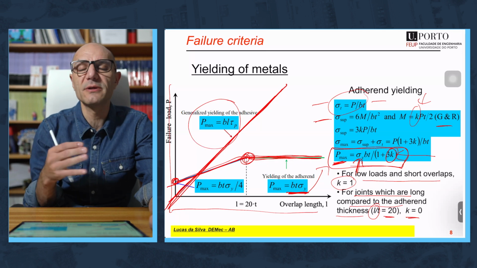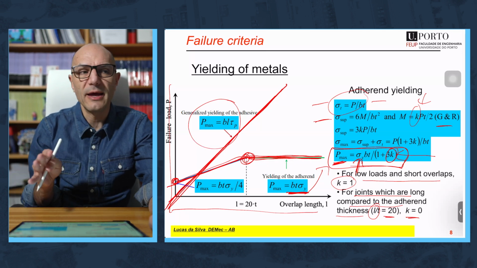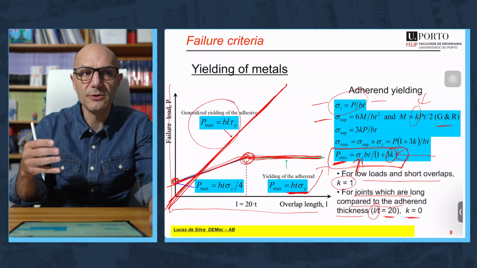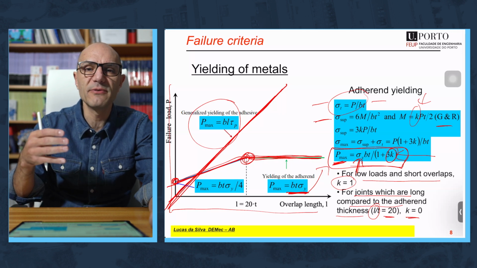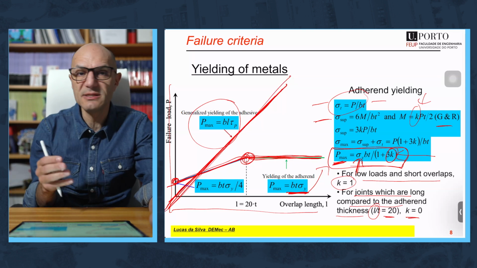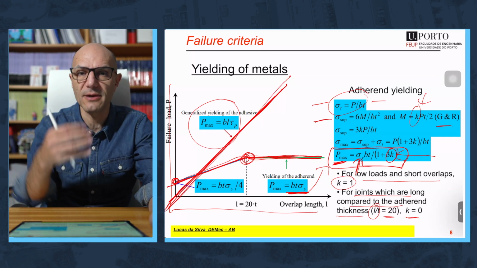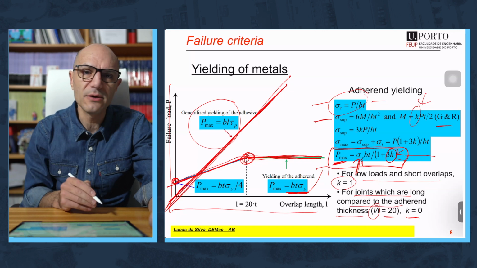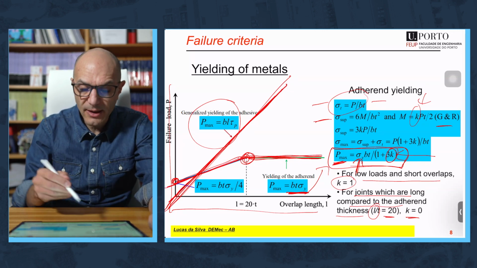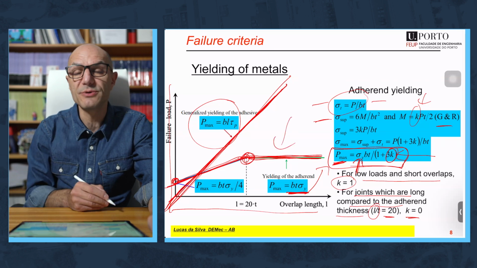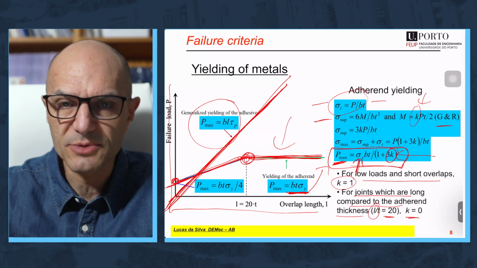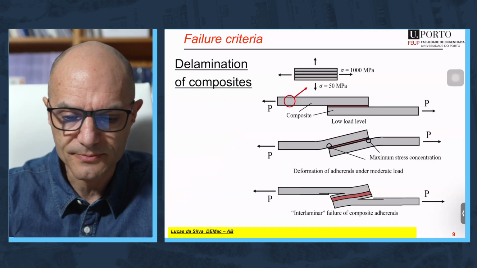So if you have a very ductile adhesive, the substrate is very strong, like high strength steel, the steel will let the adhesive work in peace, and you have this limit. Now, if you take the same adhesive, very ductile, but a soft material like mild steel, the adhesive will not work in peace. It will be limited by the yielding of the steel. Again, you would be surprised to see how precise this is for the case where you have yielding of the metal. But this is the subject of the next module.